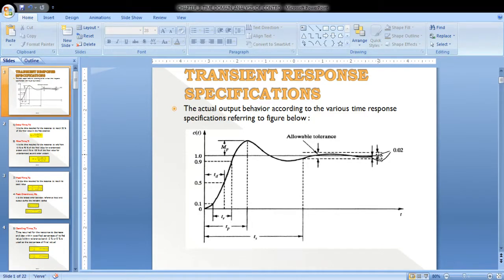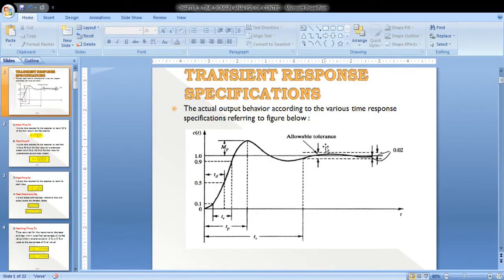Ultimately we have to focus on some basic parameters for analysis which belong to the transient response. As you can see, different notations here, TR, TP, TD, MP, all exist in the transient response for specification and analysis purposes.